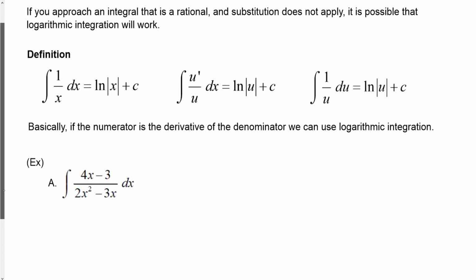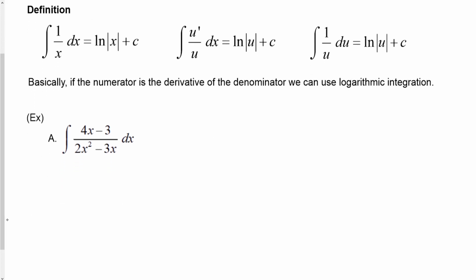So for instance, in this example, I have the integral of 4x minus 3 divided by 2x squared minus 3x. The derivative of the denominator would be 4x minus 3, because if I let u be 2x squared minus 3x, then du would be 4x minus 3 dx.